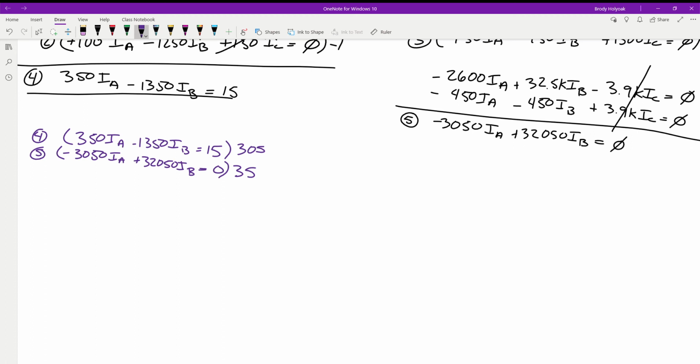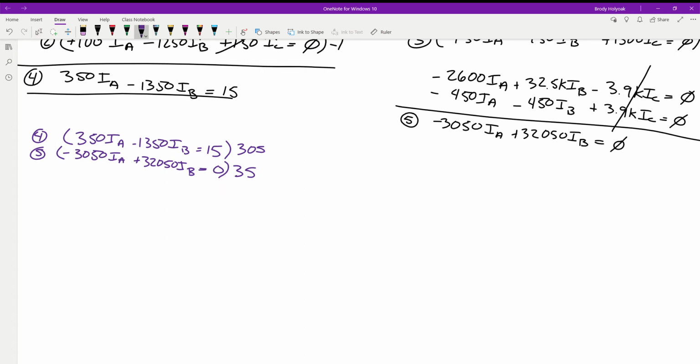Okay. We can go this direction. That's going to require a little more math on my part. So we multiply this side by the 3050, the 305, and we multiply this side by the 35. Since both end in 0, we can just cut it off and simplify our numbers a little bit. So we take the 350 multiplied by 305.